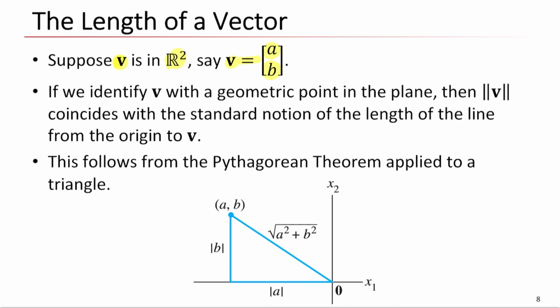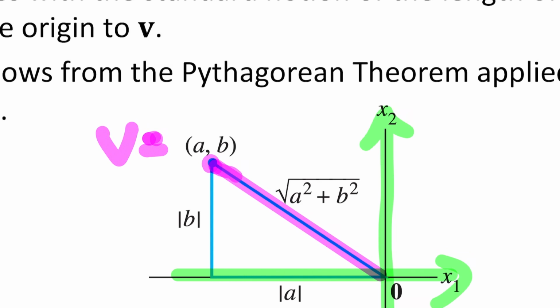Then we can represent this vector v in the 2D space, the R2 space, with axes x1 and x2. So this is just vector v. Then we want to know the length of this vector. How can we compute it?